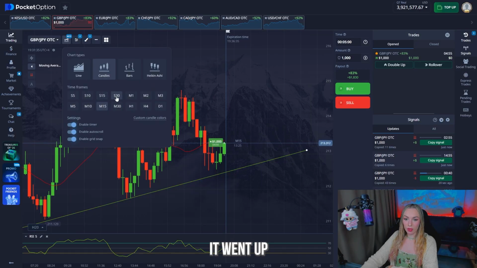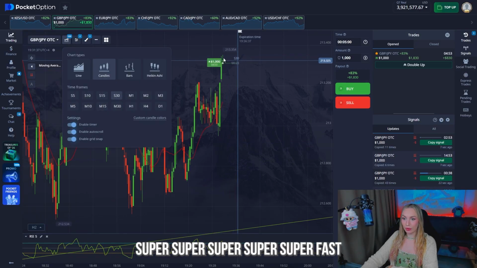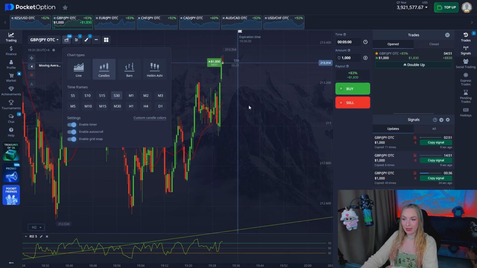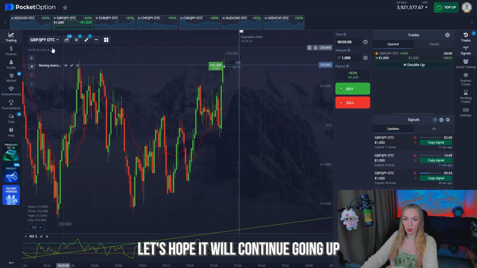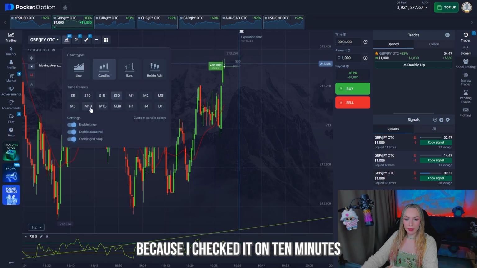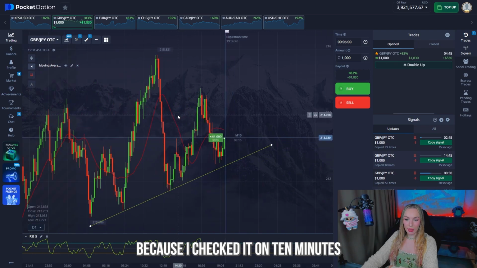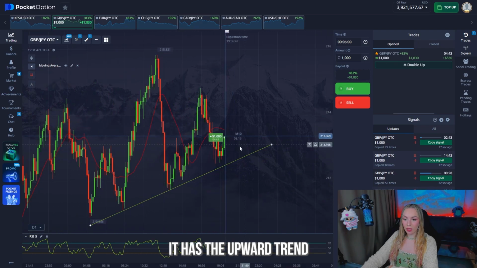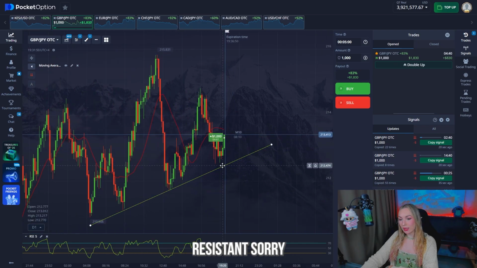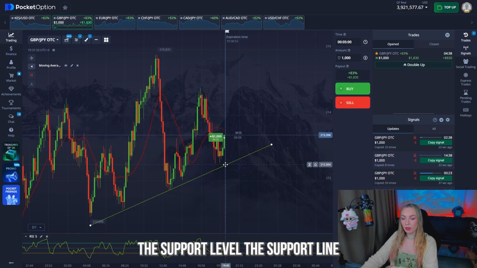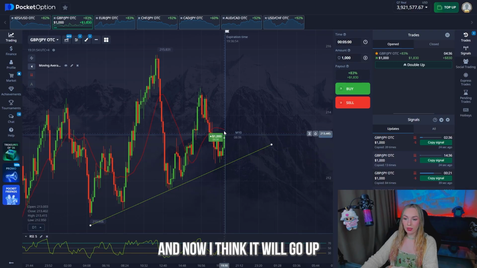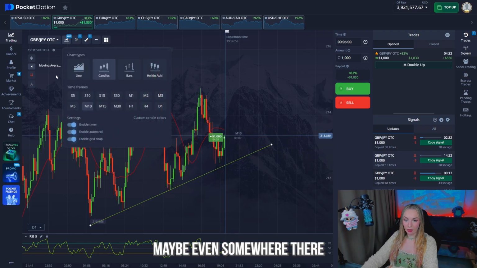Here, though, it went up super fast. Let's hope it will continue going up, because I checked it on 10 minutes. It has the upward trend. It touched the support level, the support line. And now I think it will go up, maybe even somewhere there.